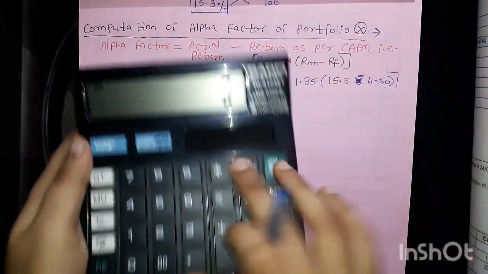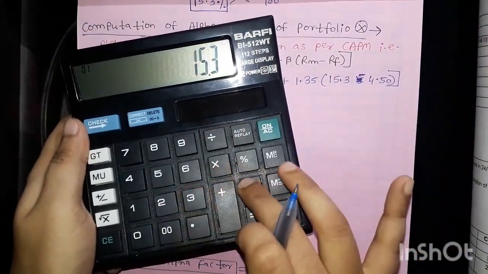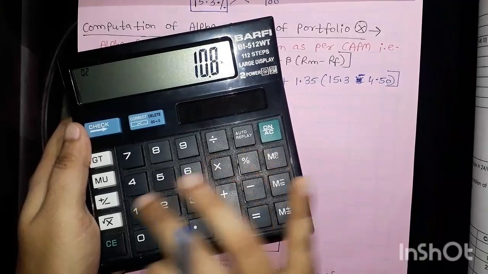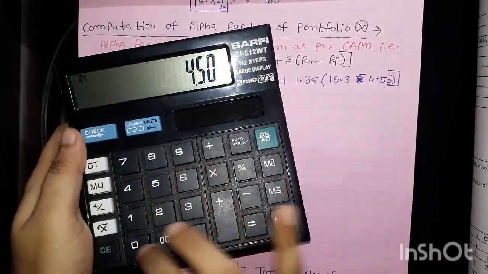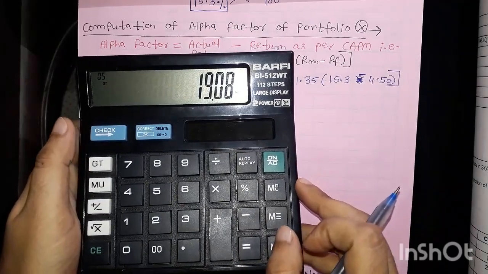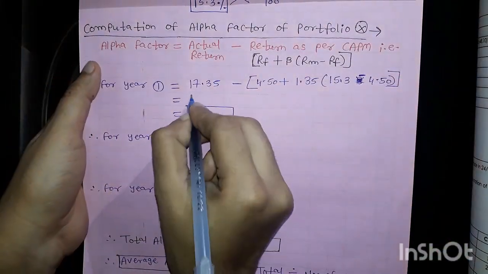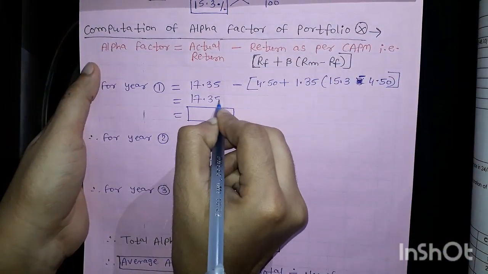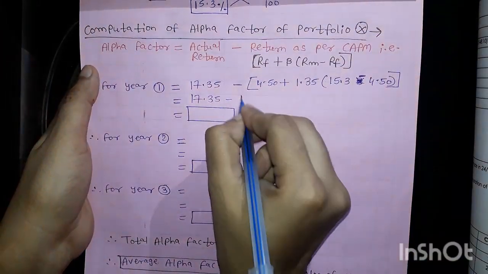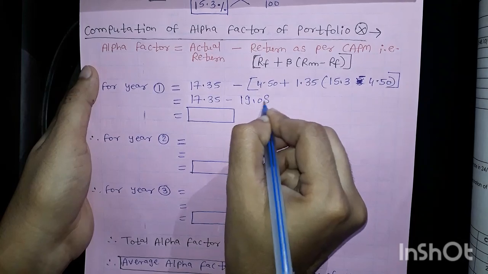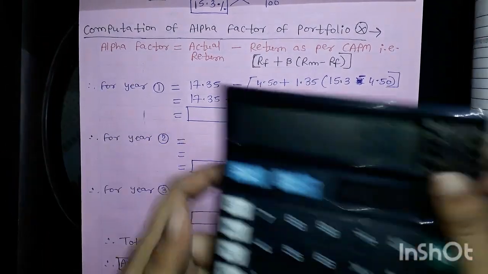First of all I will solve this: 15.3 minus 4.5, multiplied by 1.35, plus 4.50, so I am getting 19.08. So this is my actual return, and here I got return as per CAPM, 19.08.